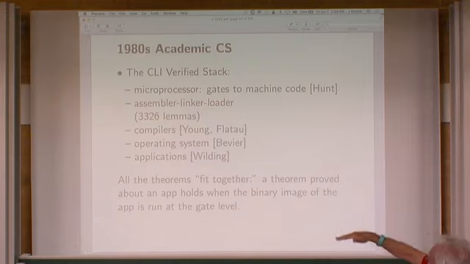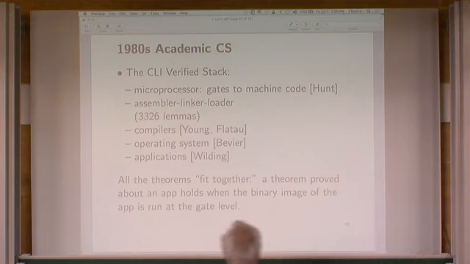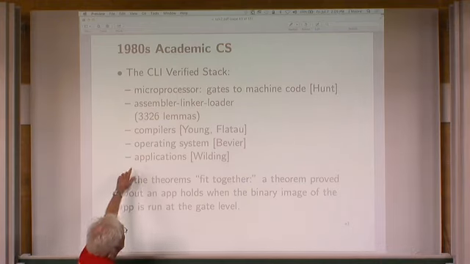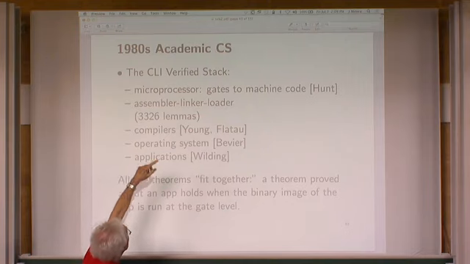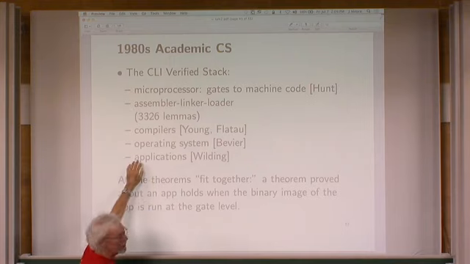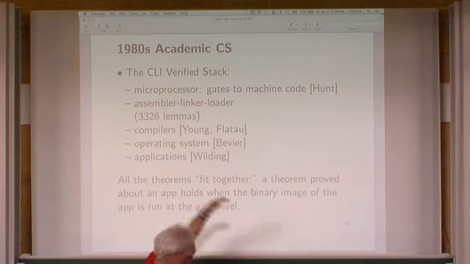All of those theorems fit together so that if you took an application and verified it with respect to the semantics of the programming language, and then compiled it, assembled it, linked it, loaded it and ran it on the microprocessor, it would behave as predicted. So this was a complete, well glued together stack, and it was called the computational logic stack.